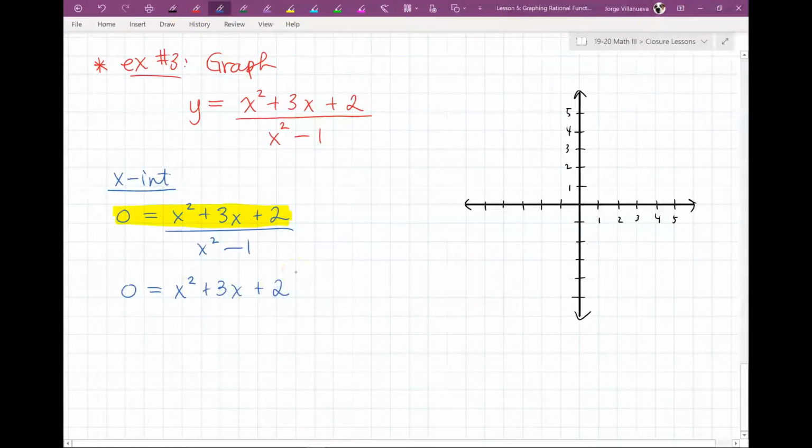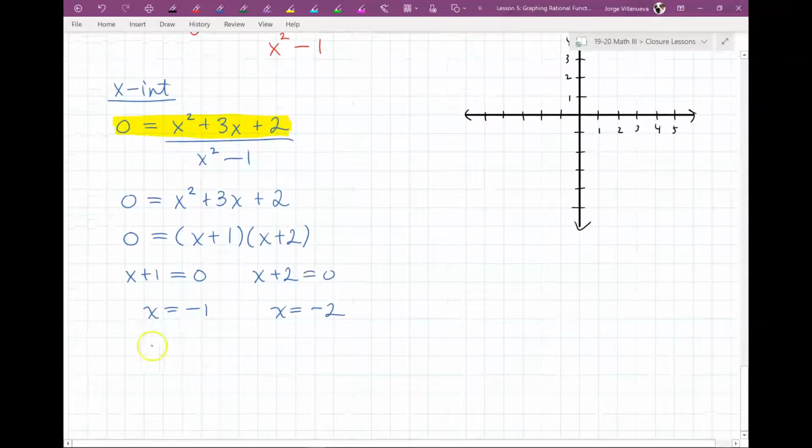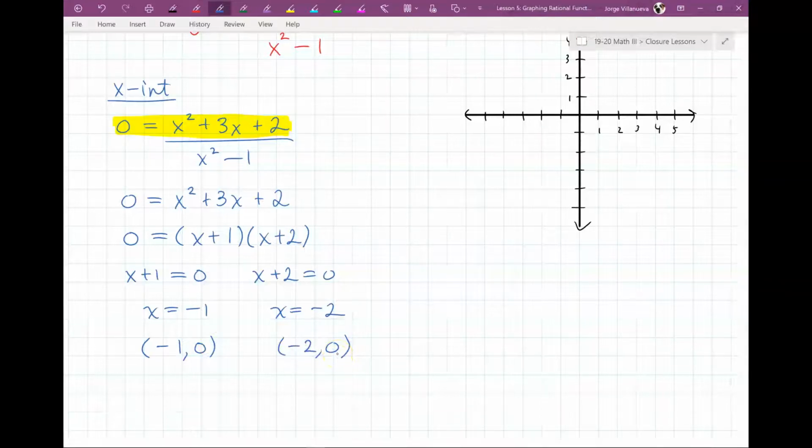Now, if you use the x method, this will factor into x plus 1 times x plus 2, which means that x plus 1 equal to 0 and x plus 2 equal to 0 would be your answers. So we get a -1 and a -2 as our solutions. Okay, so that means that the points (-1, 0) and (-2, 0) are my x-intercepts. Remember, the reason why it's a 0 is because y has to be 0 in order for me to do this.